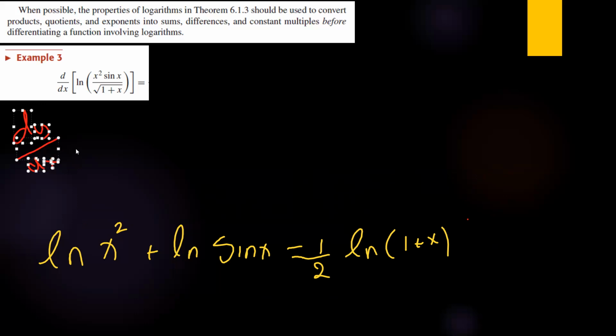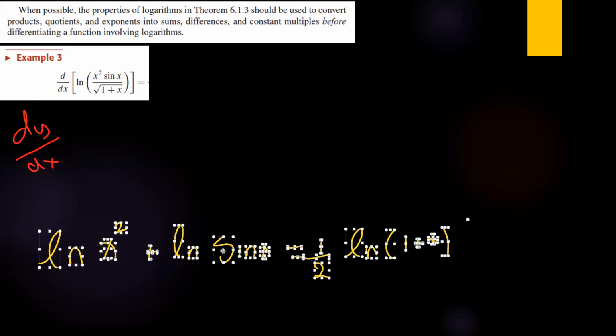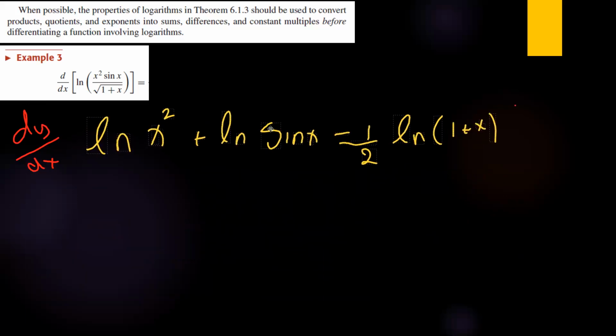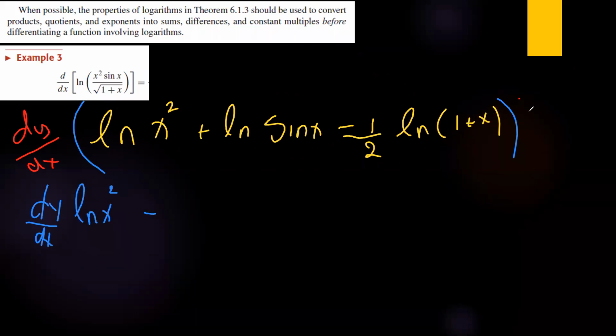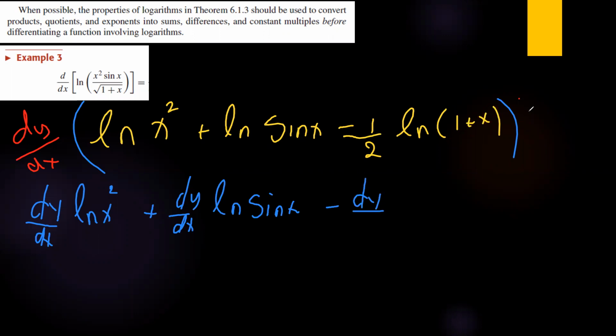So let's find now dy over dx for this one here. That means you have to find dy over dx for ln x squared plus dy over dx for ln sine x minus dy over dx for the last term.